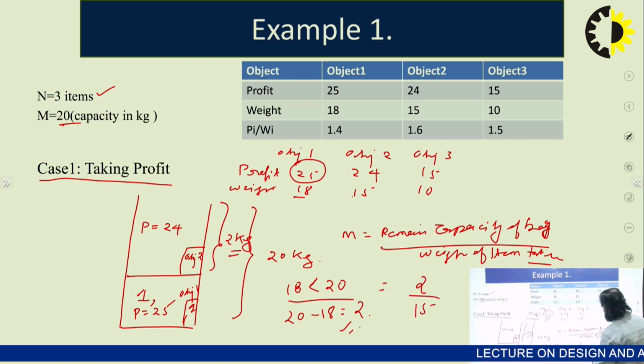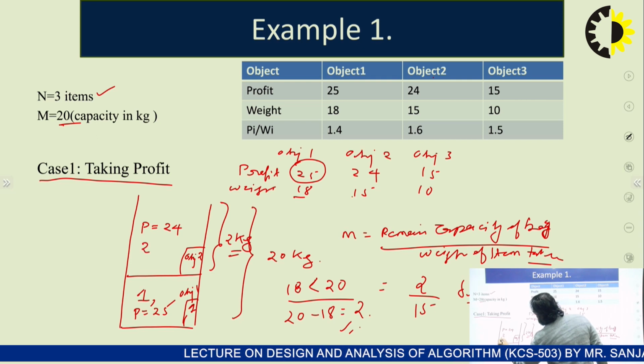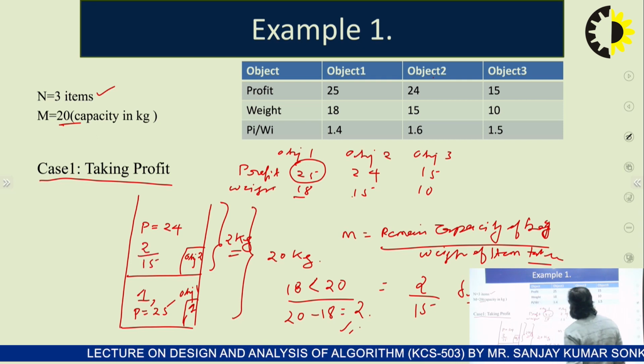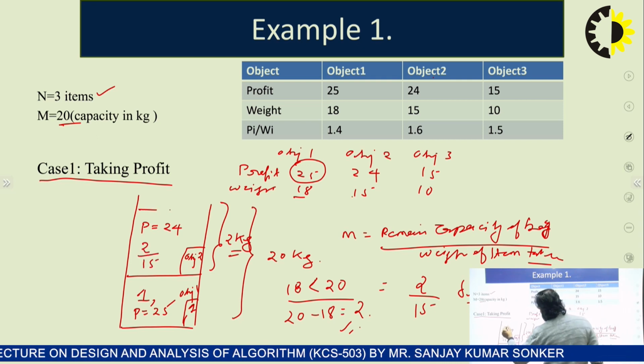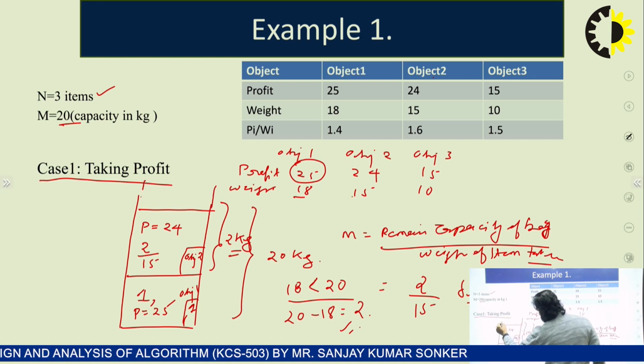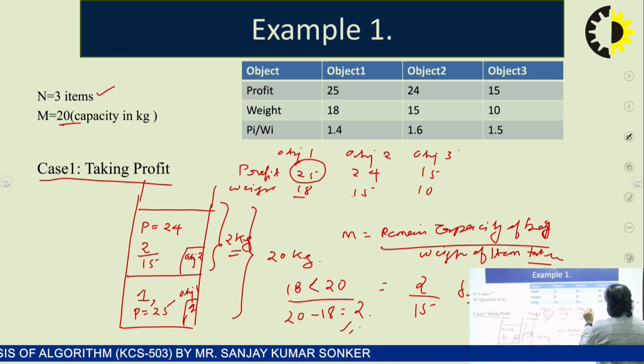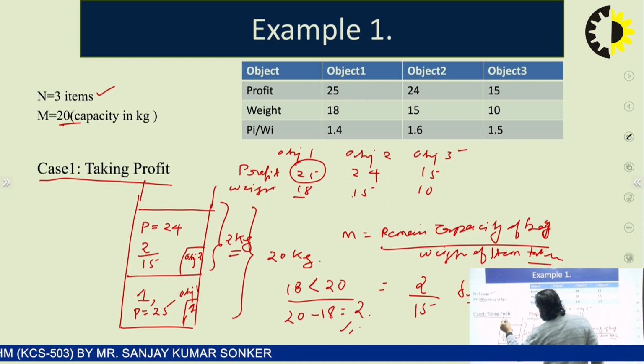That is a fractional part. The fractional object 2 by 15 will be taken. Now, what about object 3? Object 3 is not taken.